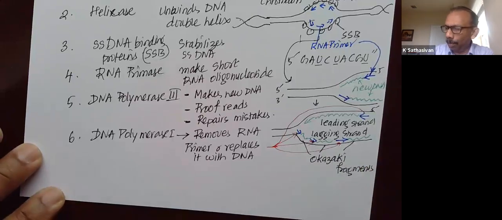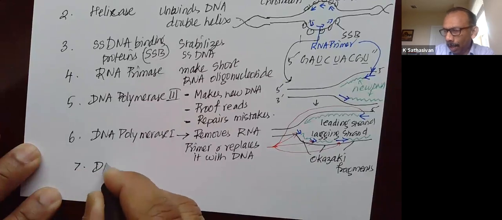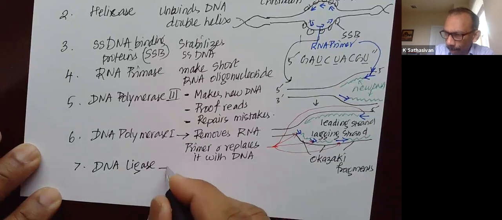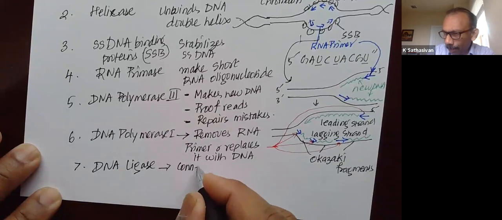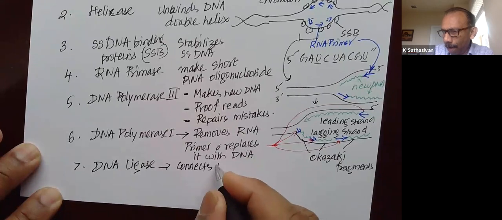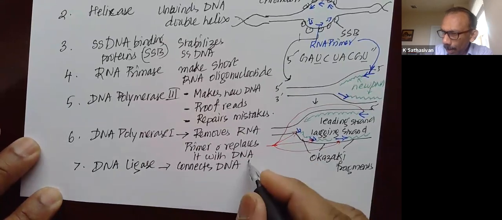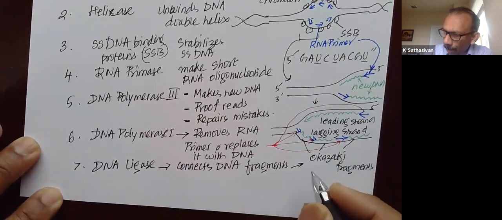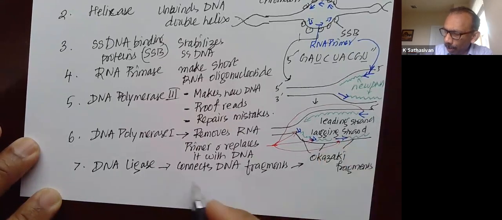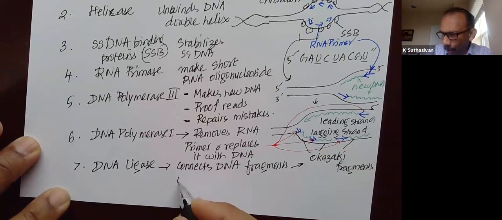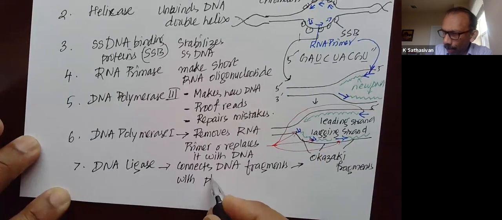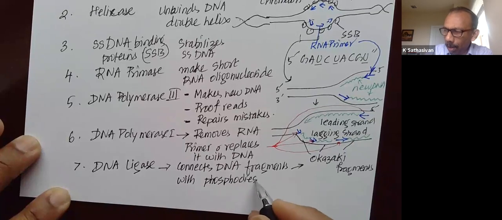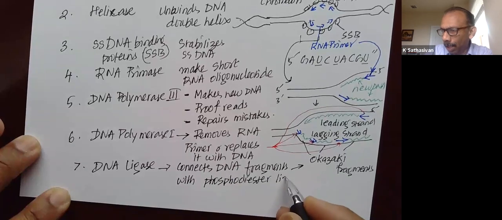Then comes the next enzyme, DNA ligase. This one connects the DNA fragments, the Okazaki fragments we saw and also the fragments on the leading strand, with phosphodiester linkage.